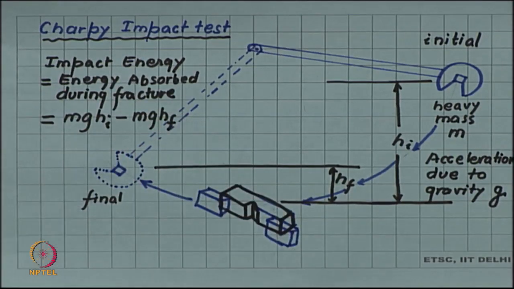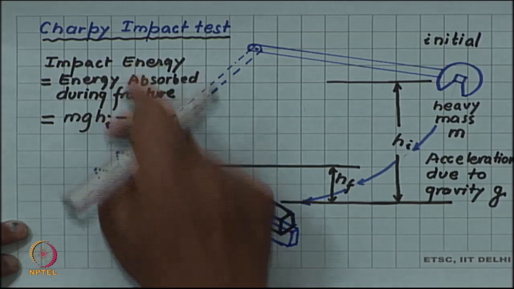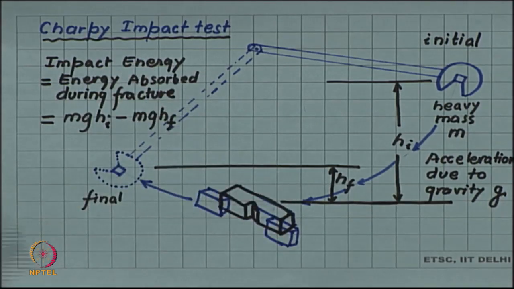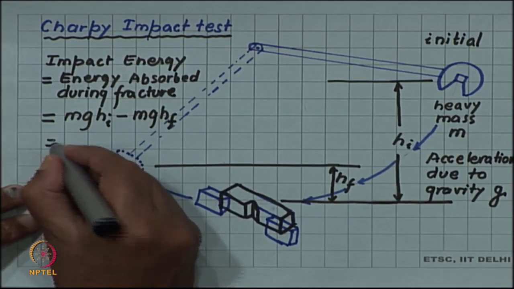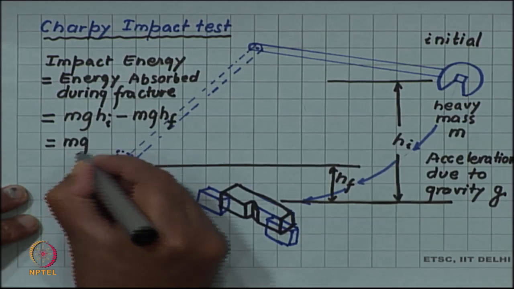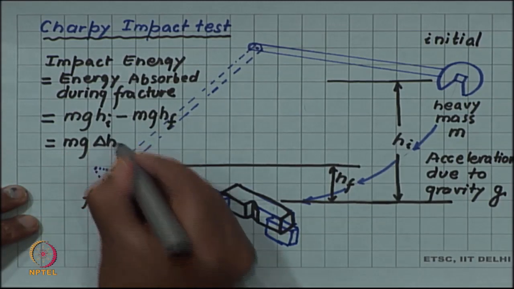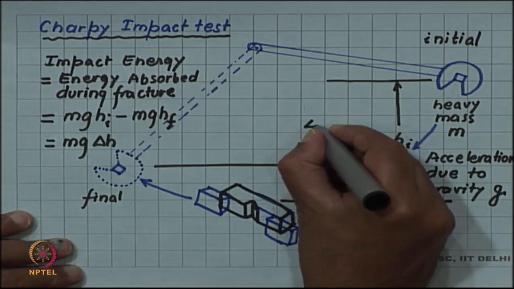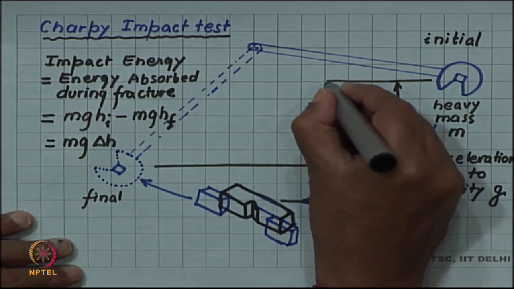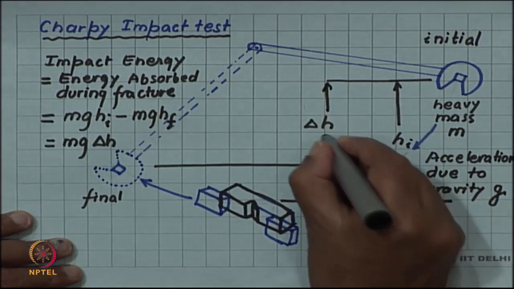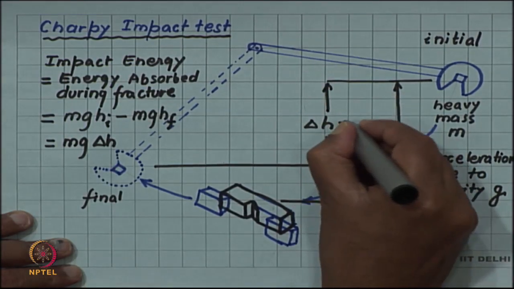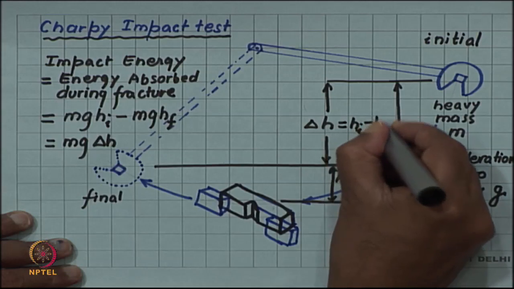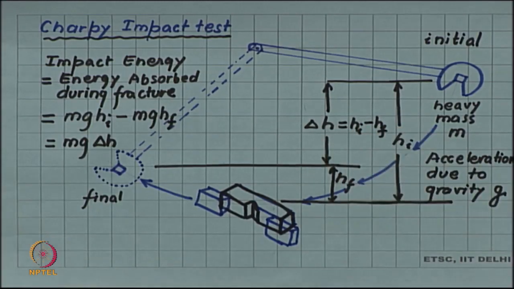So, that means this difference is what has been absorbed by the sample during fracturing. So, this will be mg delta h, where delta h is the difference between these two heights, Hi minus hf.